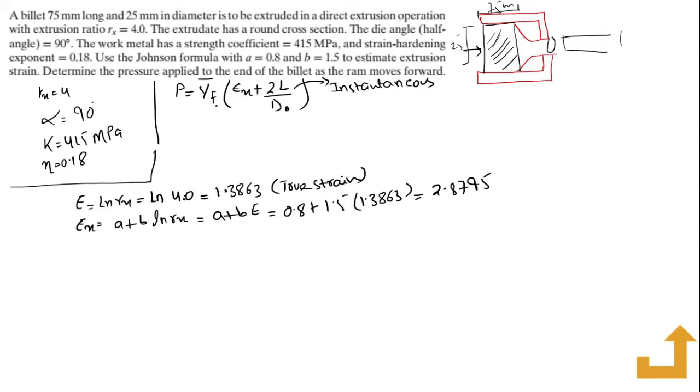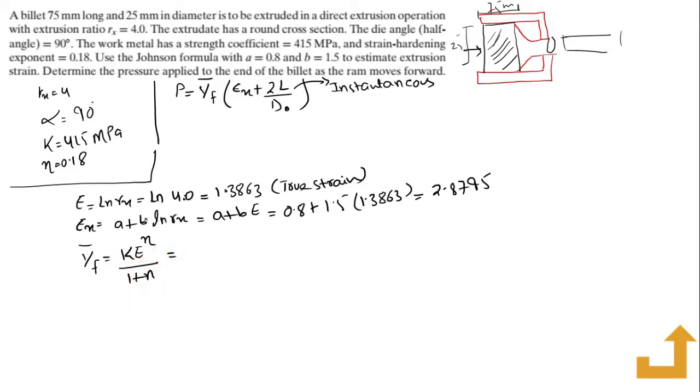So as we know, now we have the extrusion strain, we have to find out the flow stress, and we have discussed that the flow stress will be based on the true strain. So the flow stress here, as it's the average flow stress, would be equals to the strength coefficient into true strain exponent strain hardening divided by 1 plus strain hardening.